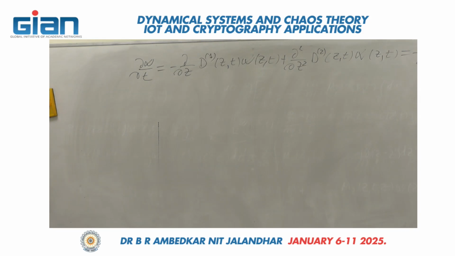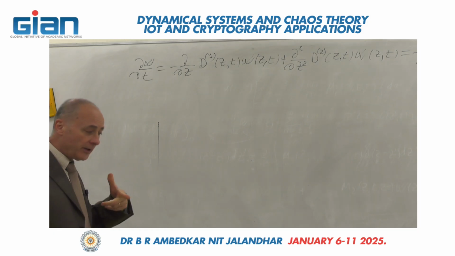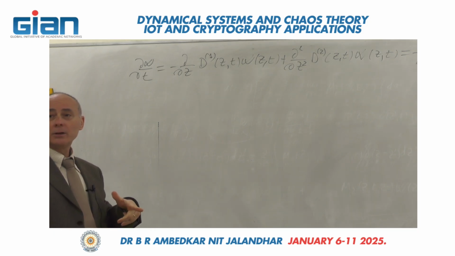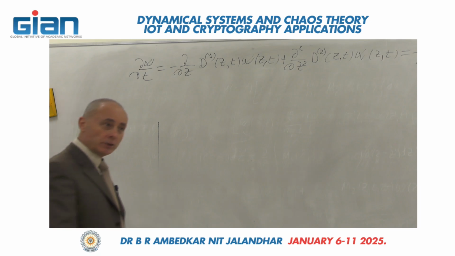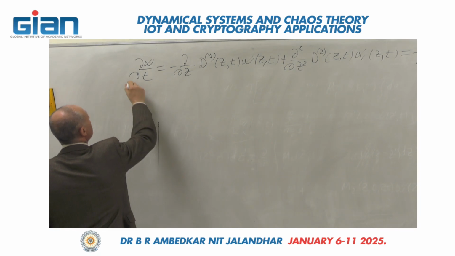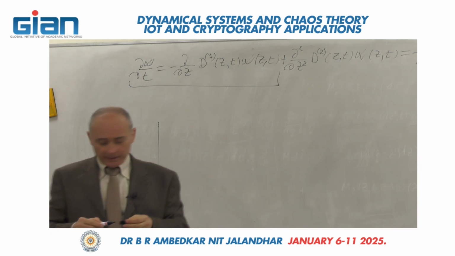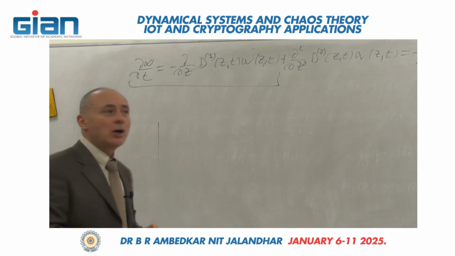I told you that this equation includes in itself the Liouville equation. The Liouville equation, which is for a deterministic process, is what stops here. If you go back and compare, you will see that it is the same thing. Okay?